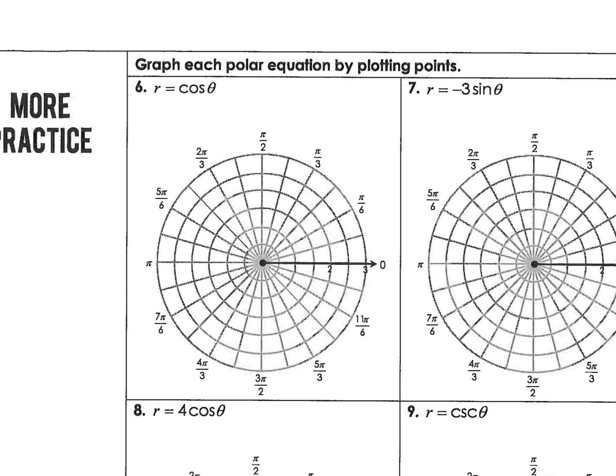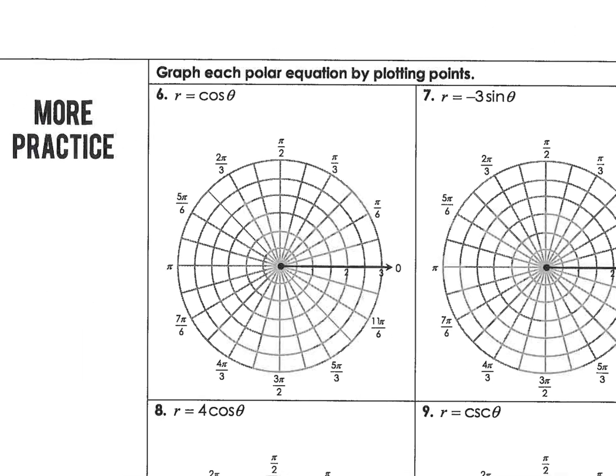So graph each polar equation by plotting the points. Let's try another one here. How do we do this? R is equal to cosine of theta.